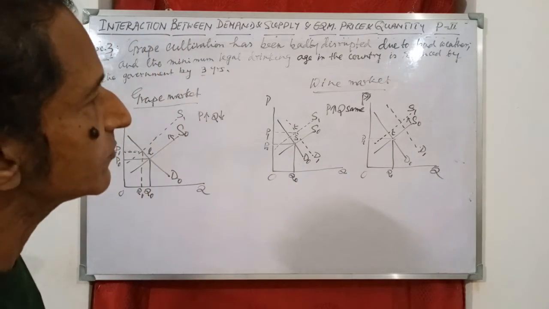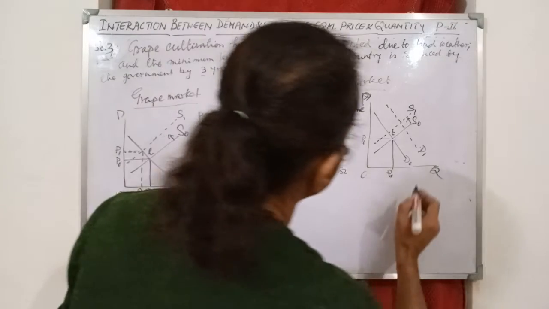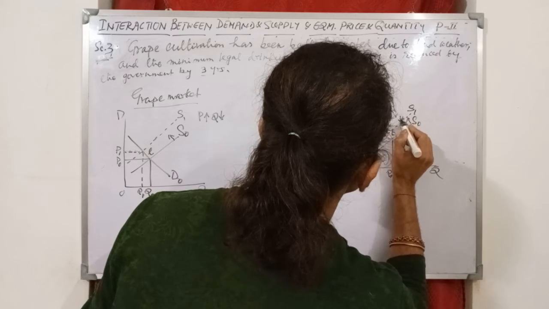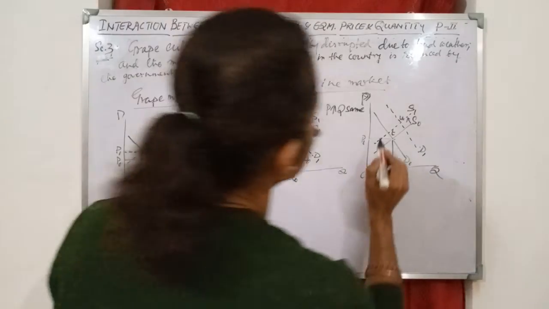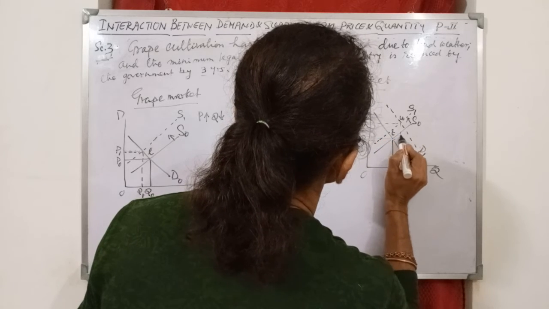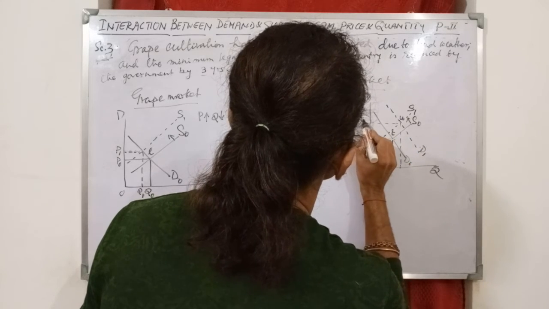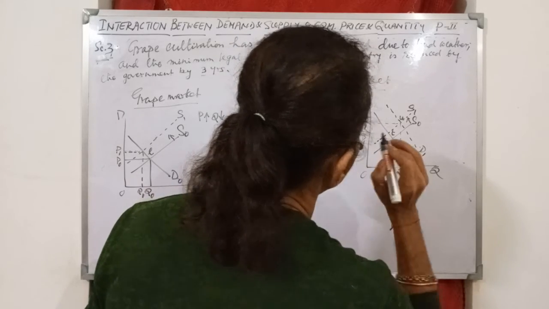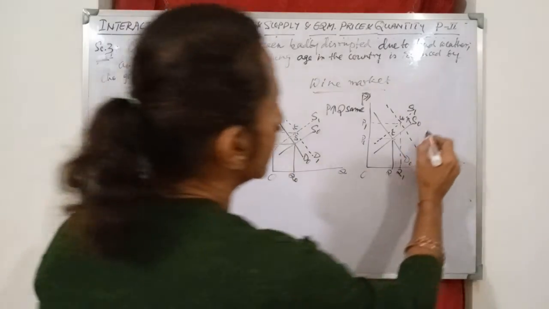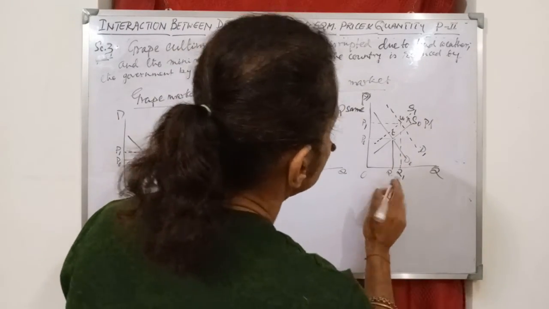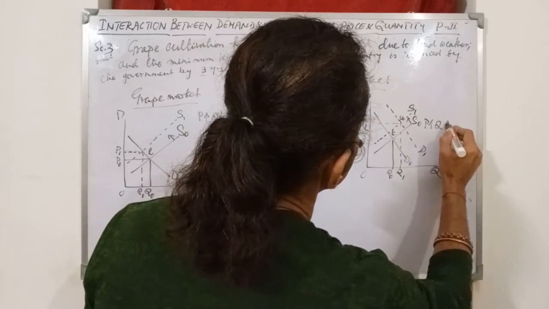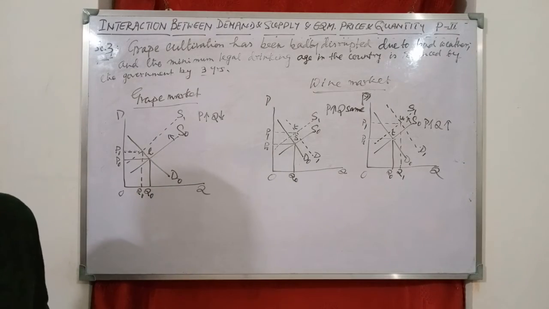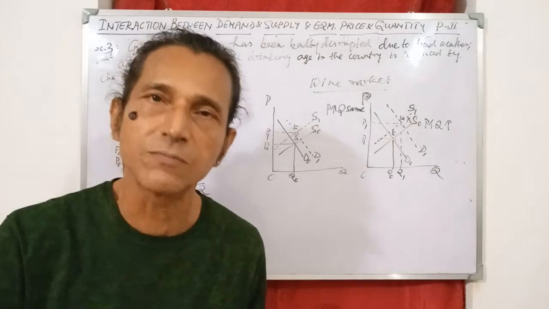And D sub 1 and S sub 1 intersect at point U. So the new equilibrium price and quantity are P sub 1 and Q sub 1 respectively. So here you see that price has increased as well as quantity has increased. Why? As I have said a little bit earlier, this depends upon the relative strength of the change.